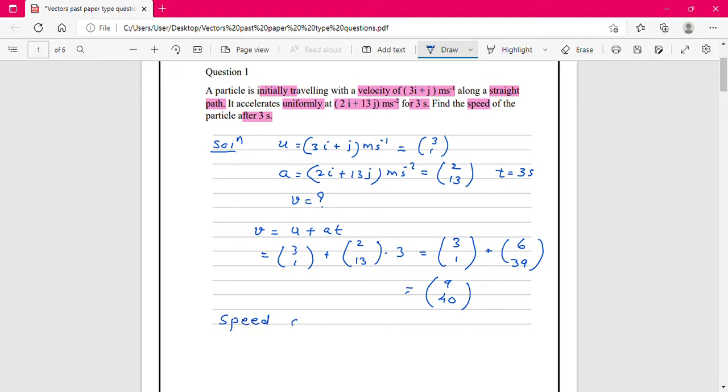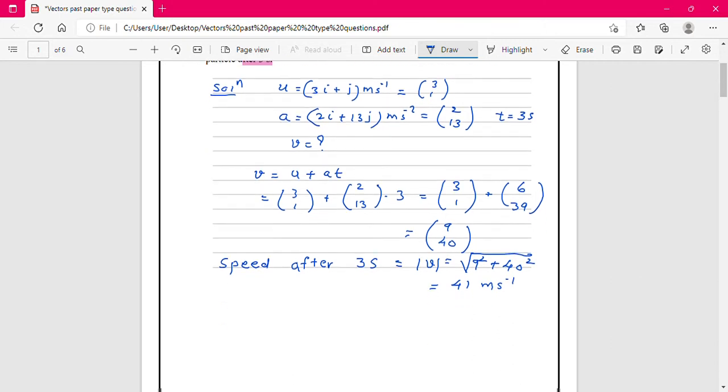So speed after 3 seconds will be the magnitude of velocity, which is the root of 9 squared plus 40 squared, and that will come out to be 41 meters per second. You have to directly do that on the calculator.